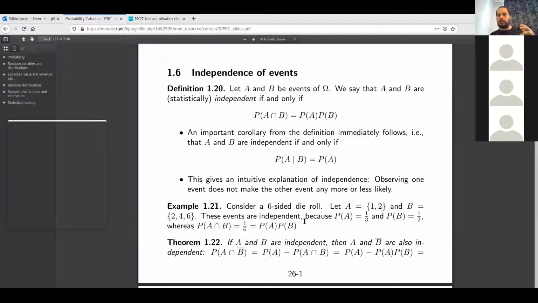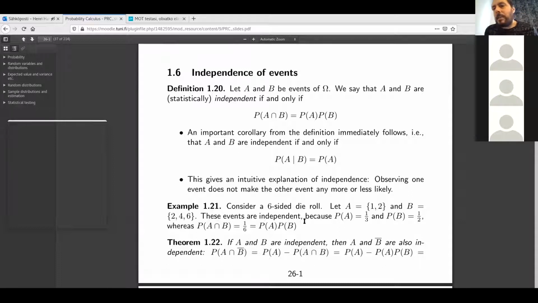If A and B are independent, then the probability of A under the condition of B is just the probability of A. So observing the event A is in no way affected by observing the event B. If A and B are independent, we learn nothing about the probability of A, even if we know that B happened.